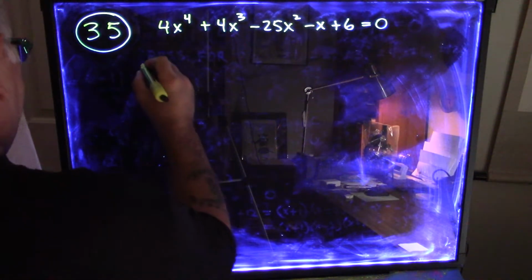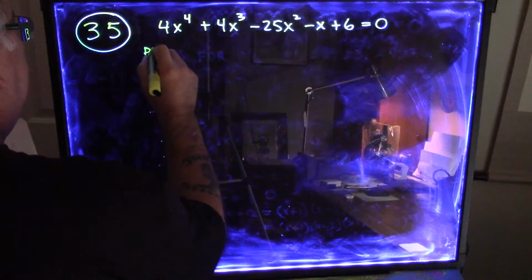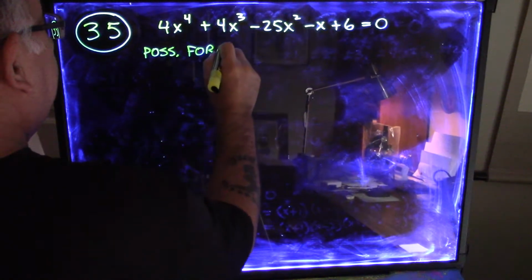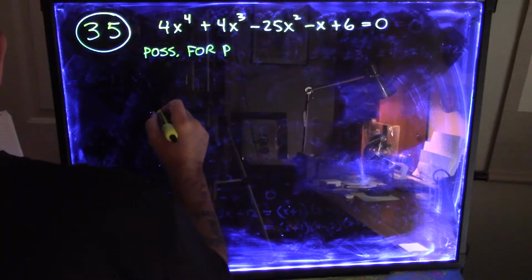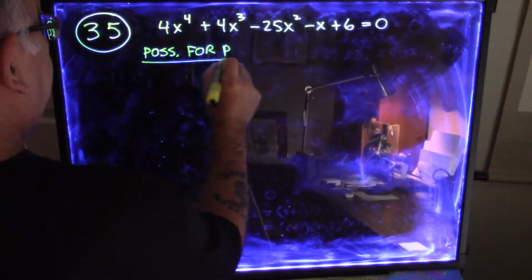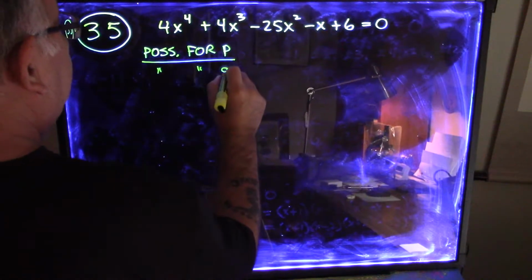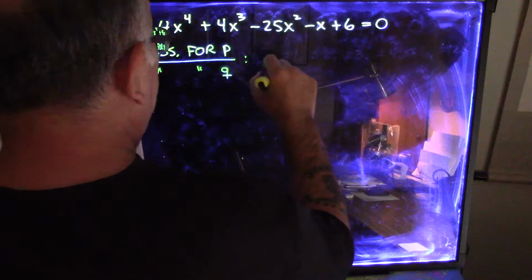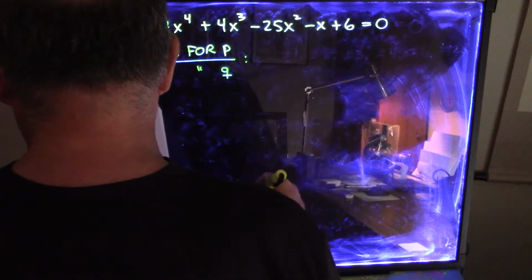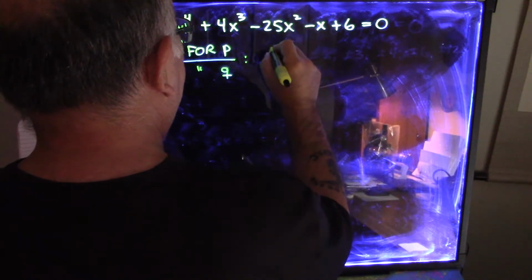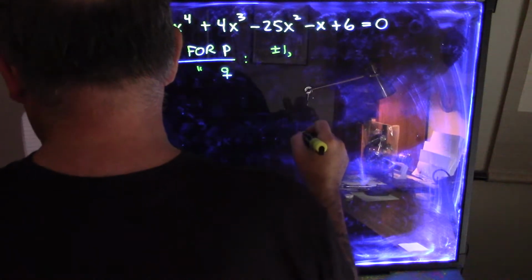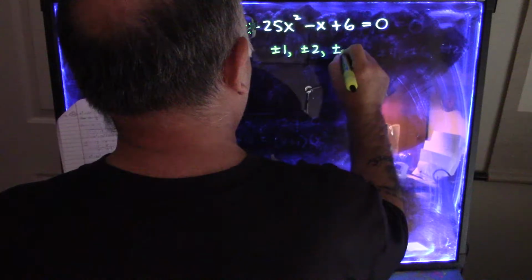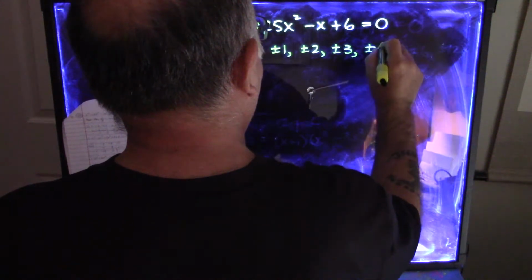So possibilities for P over possibilities for Q. We've got the factors of 6 on top here. That's plus or minus 1, plus minus 2, plus minus 3, and plus or minus 6.